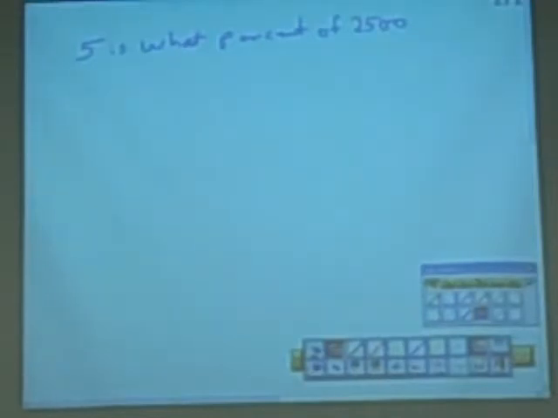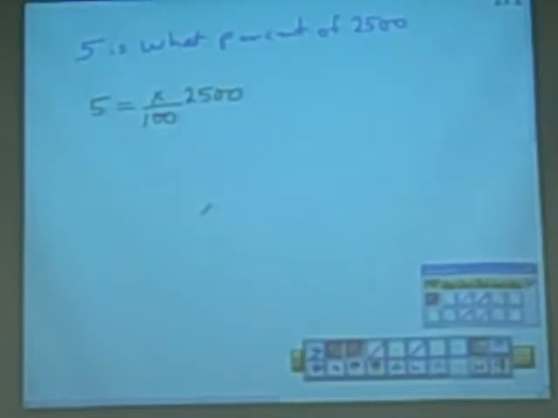Okay, so we're going to write this as 5 is means equals. We write equals there. What percent? So we're going to write x over 100 of means times 2500.